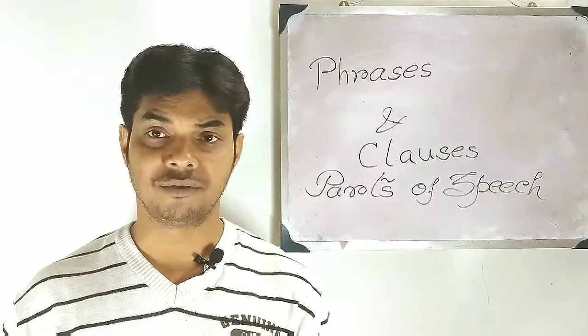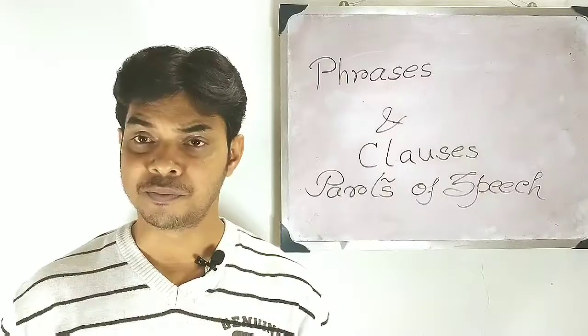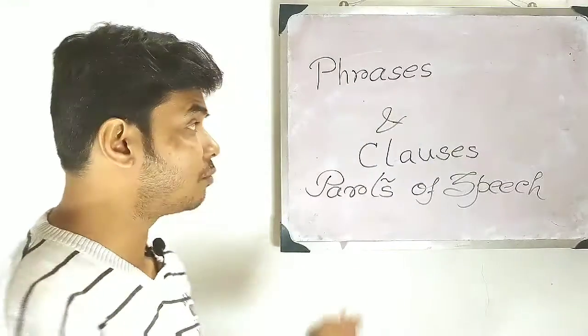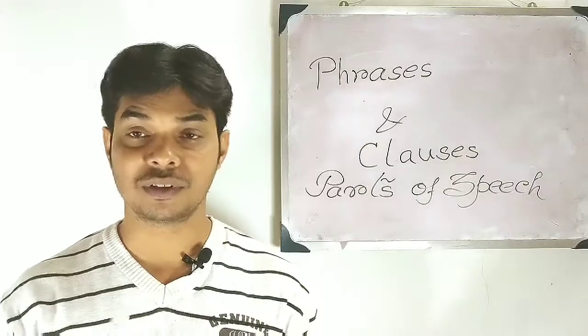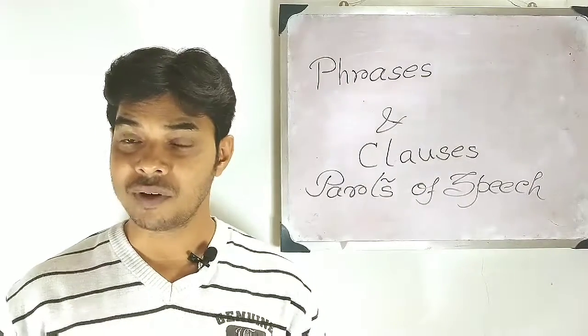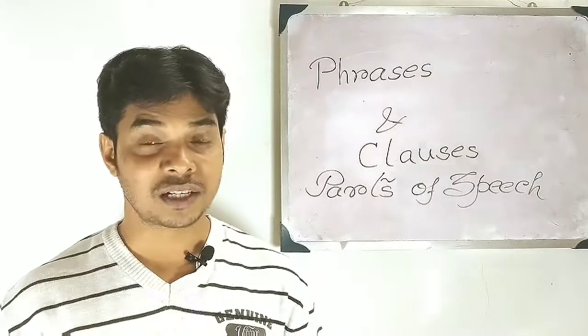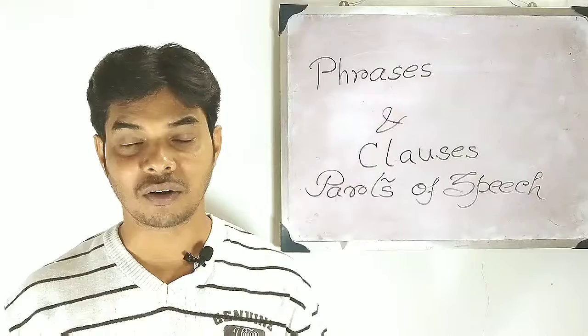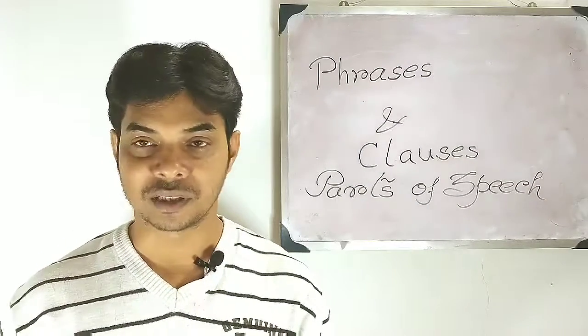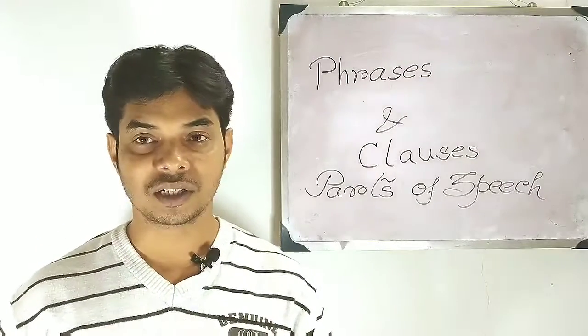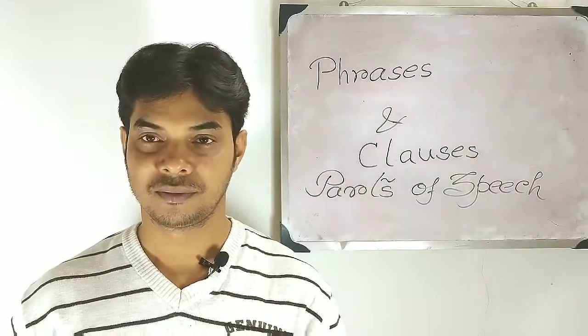But why I have started talking about parts of speech when I am going to discuss phrases and clauses, it's very important for you to understand. So follow it well and understand how the learning of phrases and clauses is supported by parts of speech. So let's begin our discussion with parts of speech first.